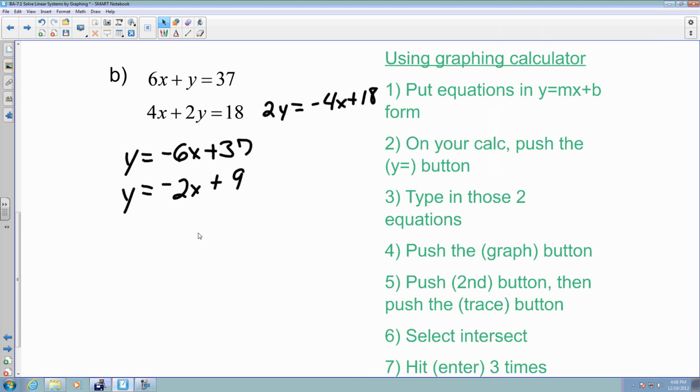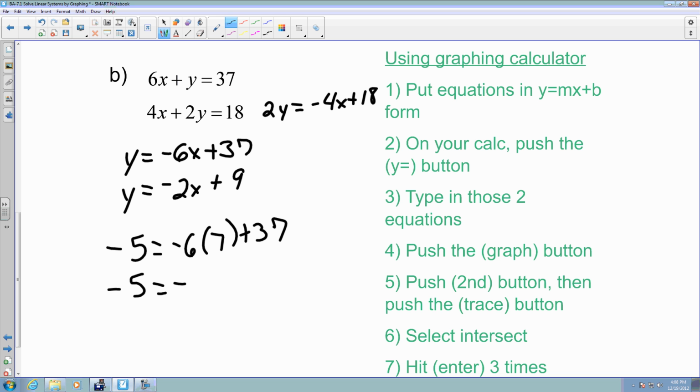Substituting negative 5 in for y: negative 5 equals negative 6 times 7 plus 37, which gives me negative 5 equals negative 42 plus 37, and negative 42 plus 37 is negative 5.